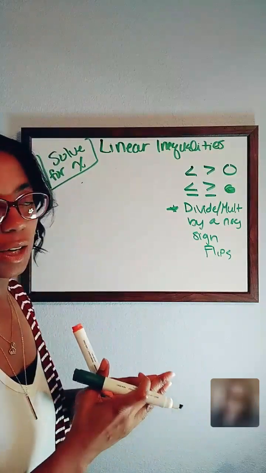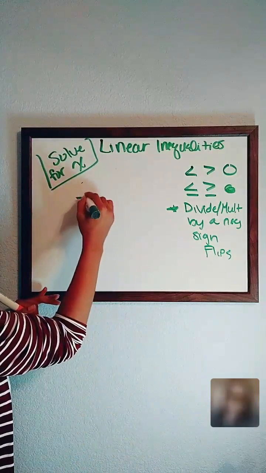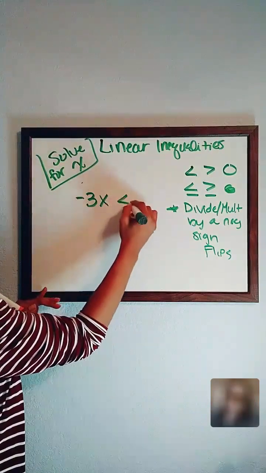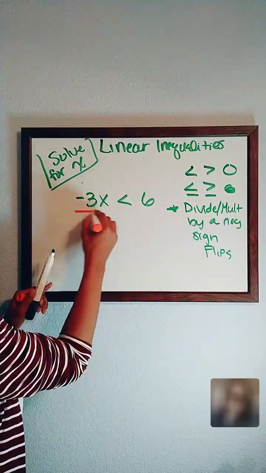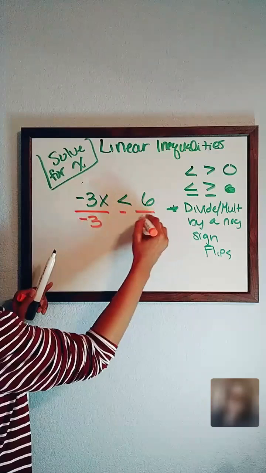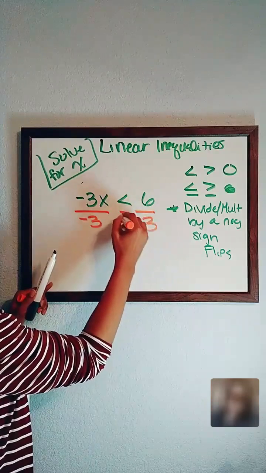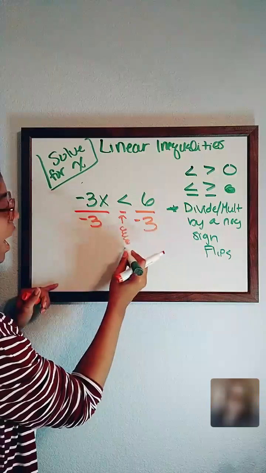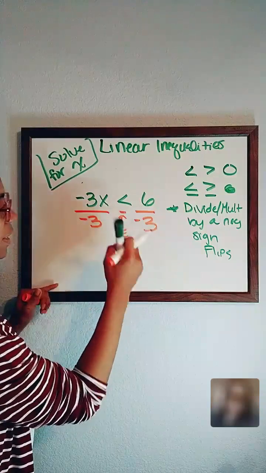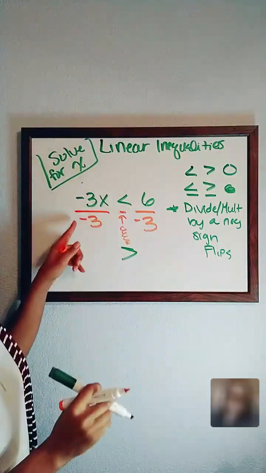For instance, if I have negative 3x is less than 6, whenever I divide by a negative 3, everything is divided by a negative 3. This right here is going to somersault down and go the opposite way because it says do the opposite. Just like this says do the opposite.